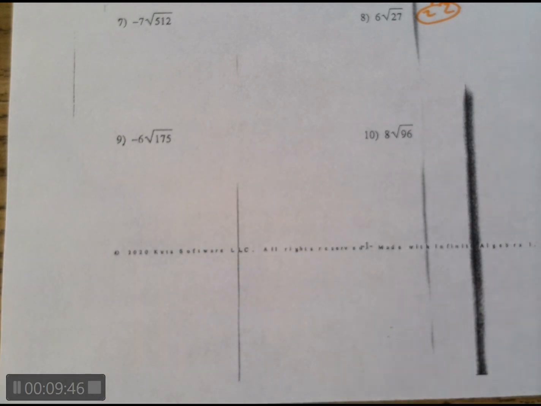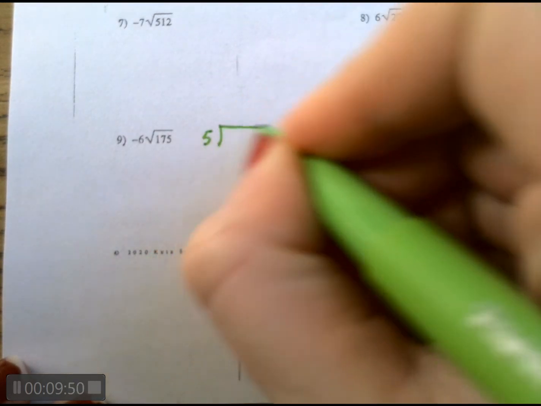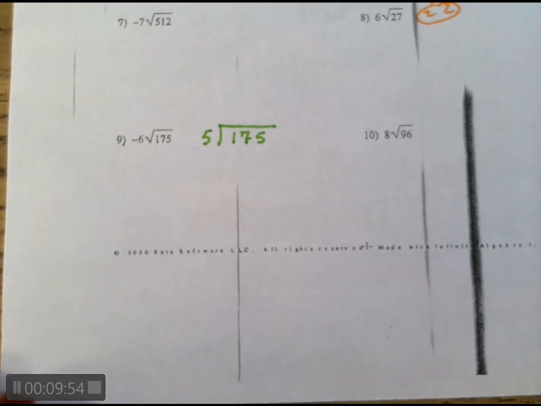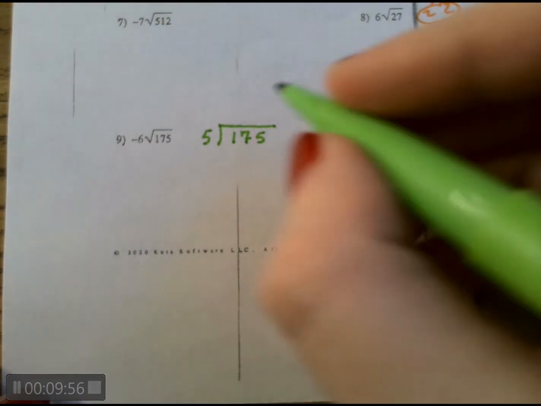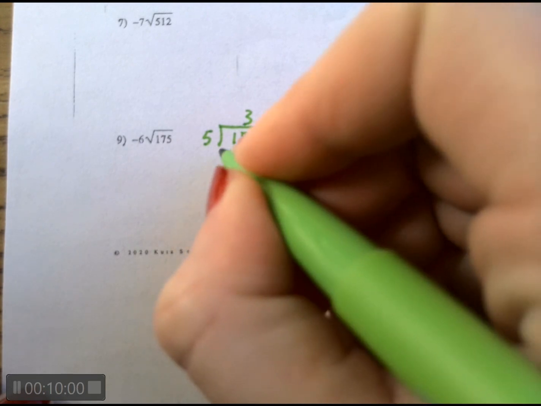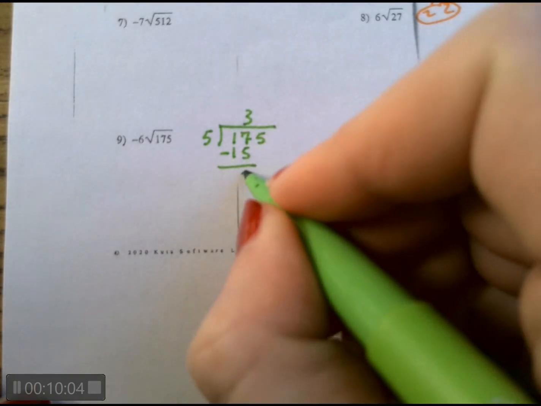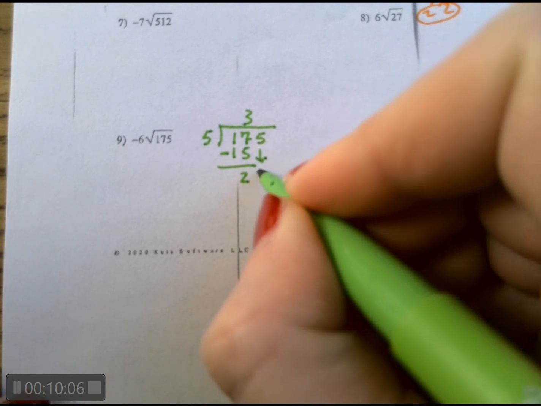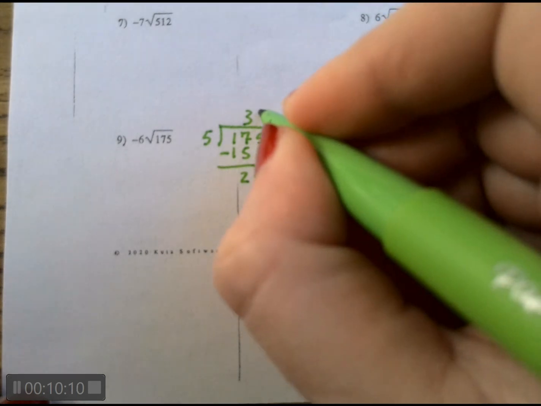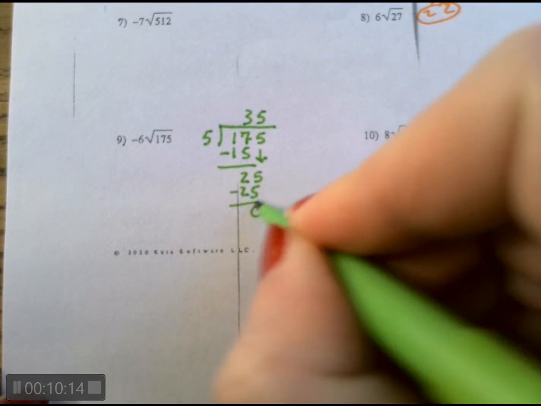So, let's do it. So, I'm going to do 175 divided by 5. Okay? 5 goes into 17 3 times, because 3 times 5 is 15. And then we're going to subtract them. 17 minus 15 will give me 2, and we're going to bring down that 5. 5 goes into 25 5 times, because 5 times 5 is 25.